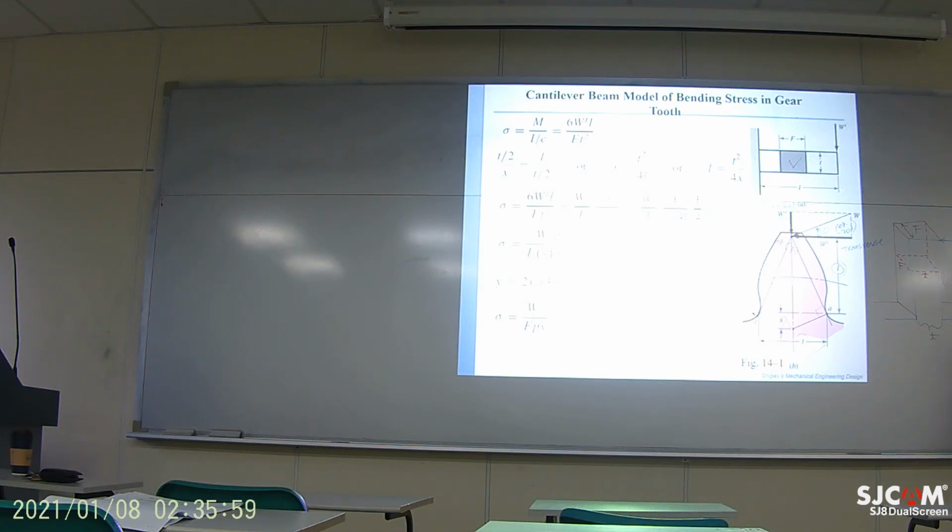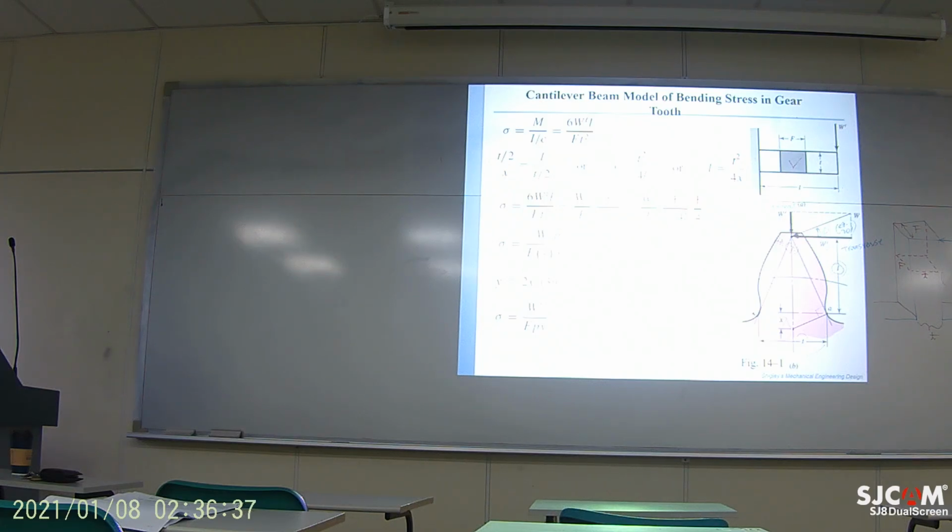So C would be, if you study bending of the beam problem, then you know this part is C. Right? So C is half of the T. So basically, the bottom is half of T. And I would be, now you need to view on the side.